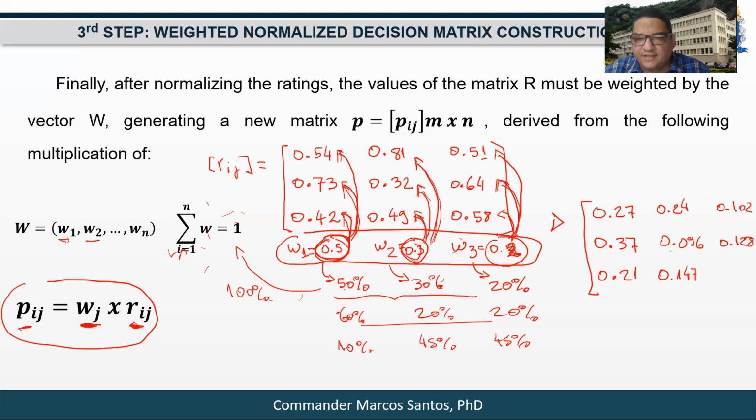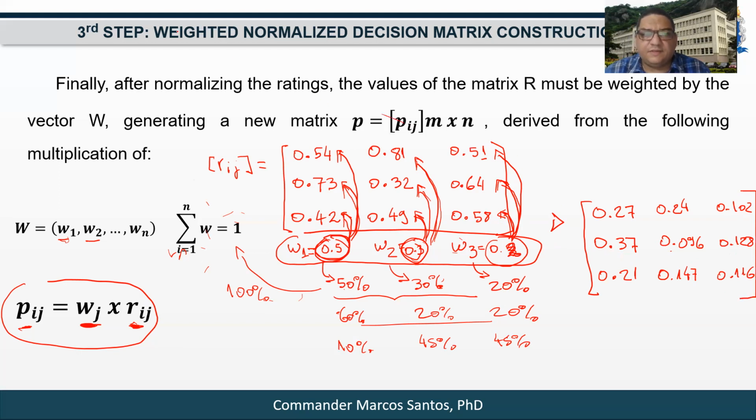And finally, I have 0.2 times 0.58, I have 0.116. And I finished this step.